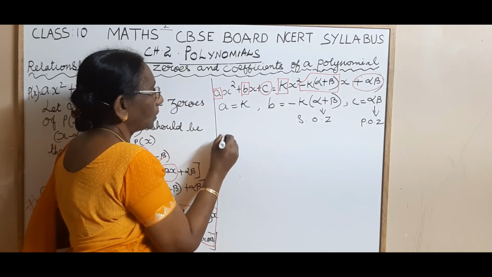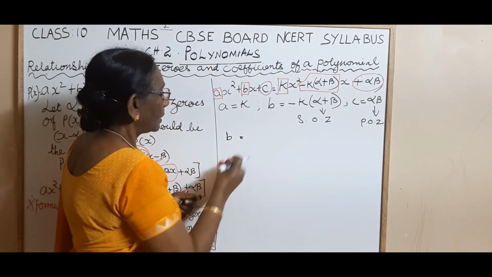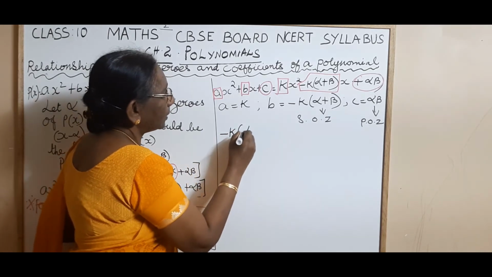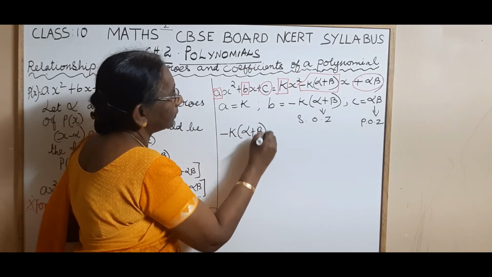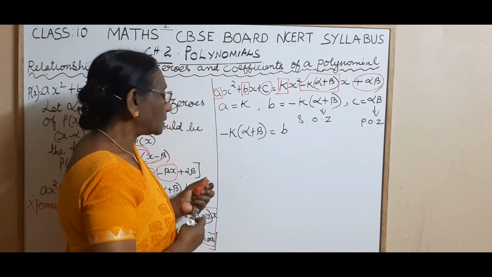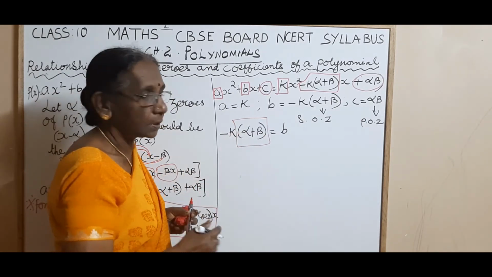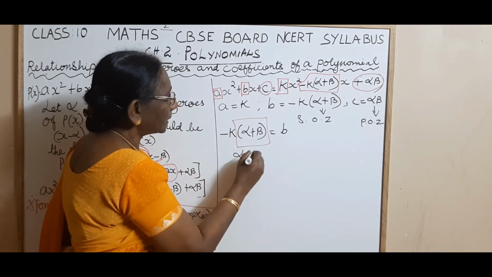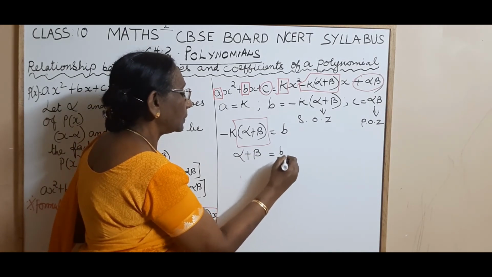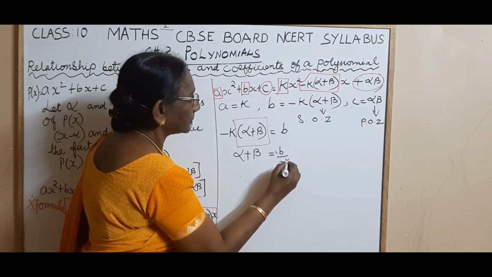Now, let us take this. b is equal to, let us write like this. Minus k into alpha plus beta, that is sum of the zeros, is equal to b. So, what is the sum of the zeros? Alpha plus beta is equal to b by minus k.